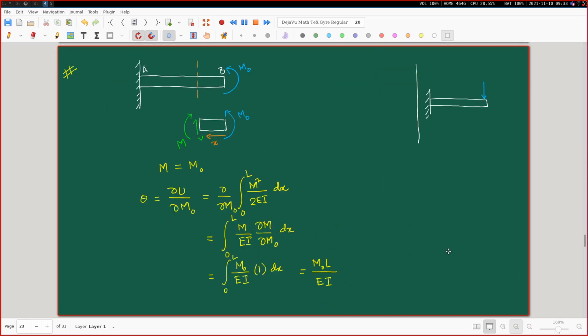Let us go back to our example problems and consider such an example where these kinds of combined loading will have to be considered, or contributions from the various kinds of strain energy have to be considered. So we'll consider a rod, but this rod is in a bent shape. It is attached or clamped to a wall like this.